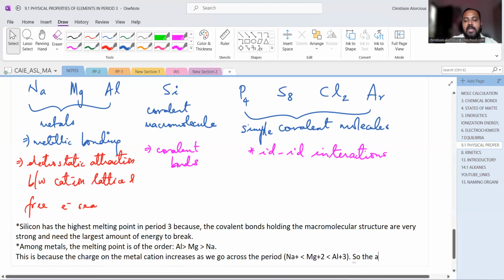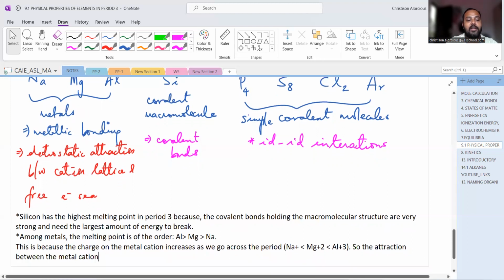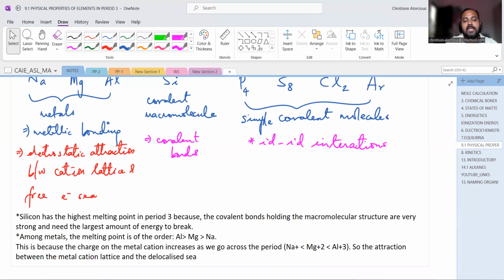So the attraction between the metal cation lattice and the delocalized sea of free electrons increases as we go across the period for metals. So the melting point would be that aluminum would have the highest, followed by magnesium, followed by sodium.